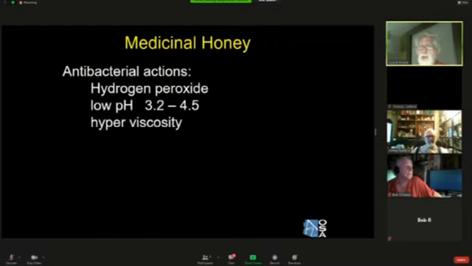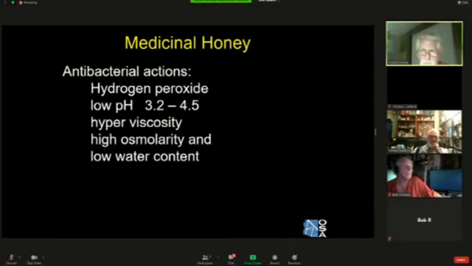There's the phrase, someone who is slower than molasses in January. Well, molasses is a sugar solution from sugarcane, and it's very thick. It's been concentrated. So same idea here. It forms a physical barrier just because it is so thick. So you can put it on a wound to help provide a physical barrier to protect it against infection.